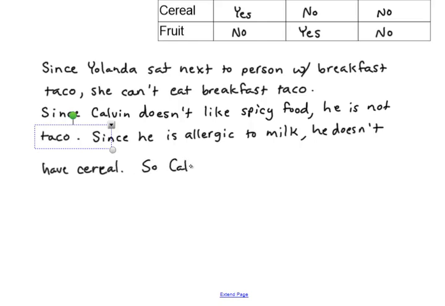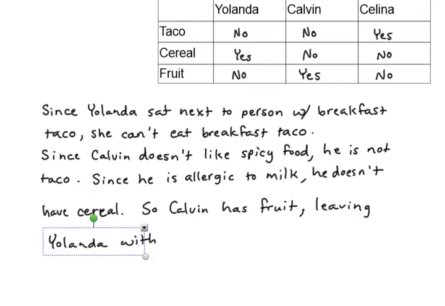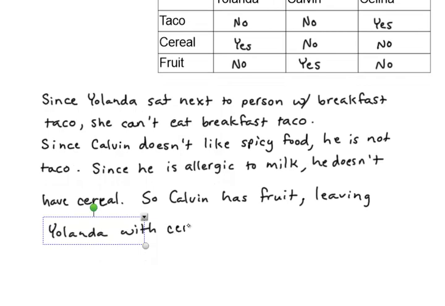So Calvin has the fruit, leaving Yolanda with the cereal, and Selena with the taco. Done. Okay, so that's just a little write-up. I kind of wanted to show you how to do that. You tell me what they can't be, tell me what they can be.